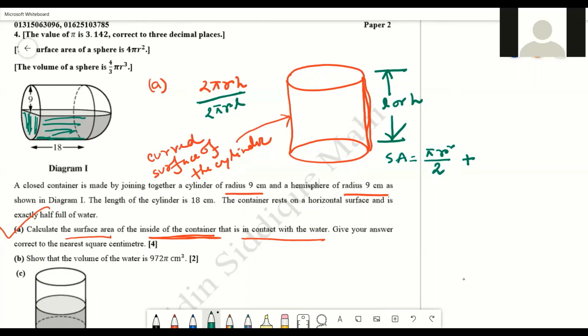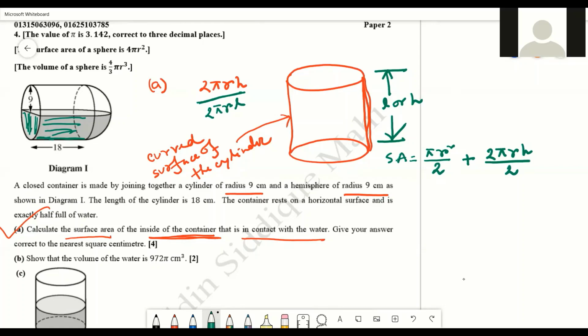And it's in contact with half of the curved surface area of the cylinder, so 2 pi RH divided by 2.